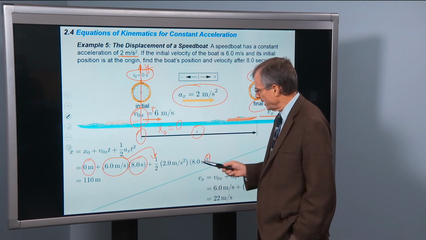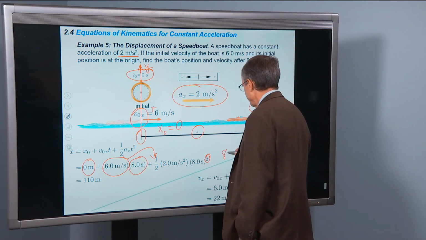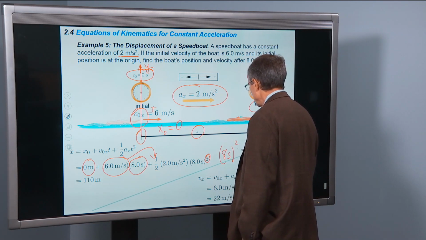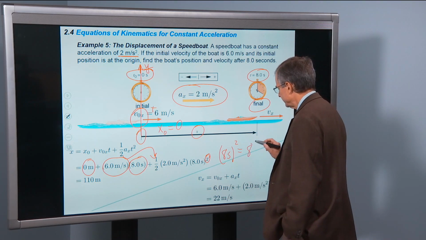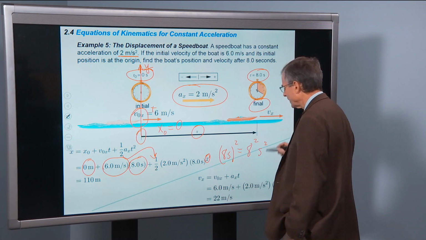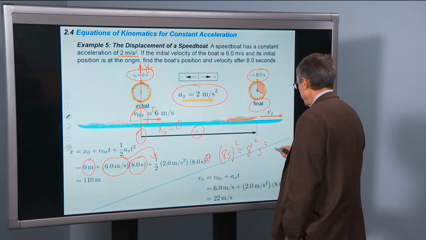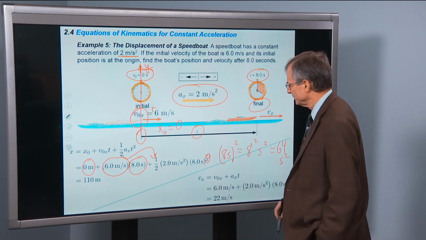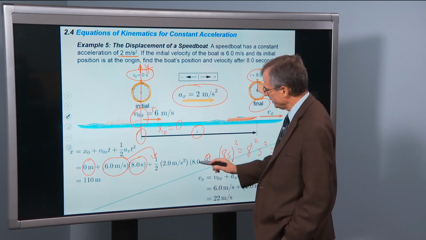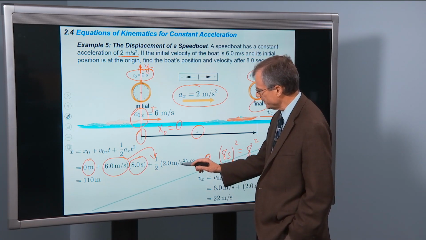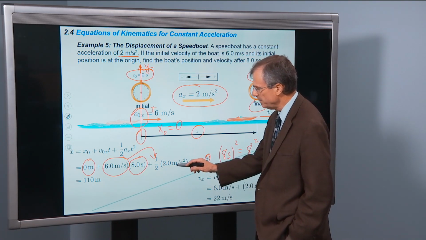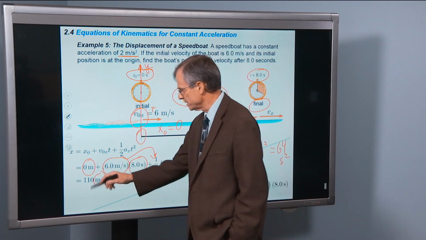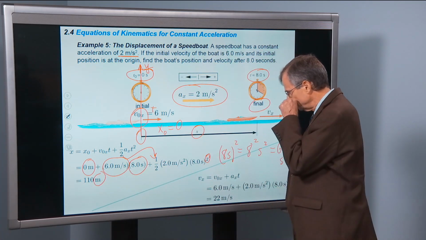Because when you square 8 seconds, that's 8 squared times seconds squared. That's 64 seconds squared. Well, the seconds squared cancel these seconds squared in the denominator, and the seconds cancel, and we get meters out of the deal, which is the units that we want to find.